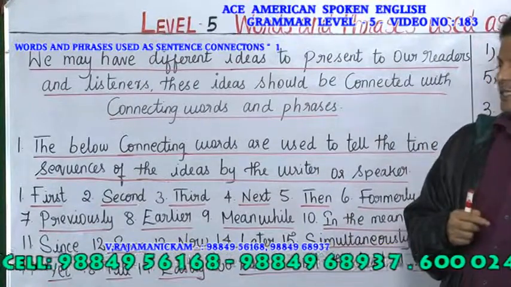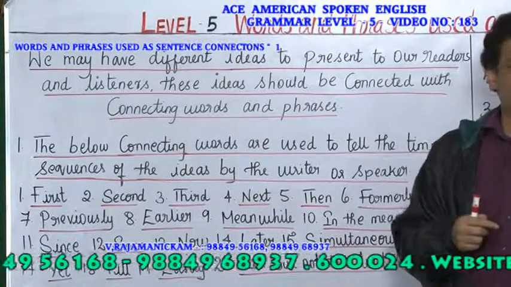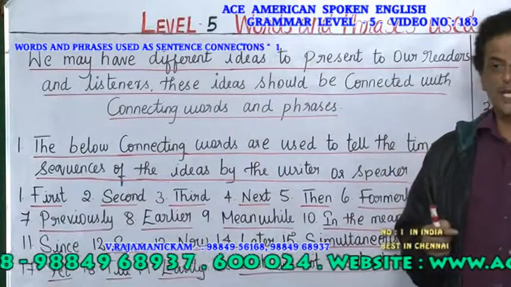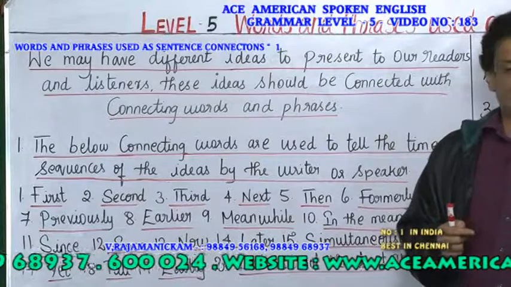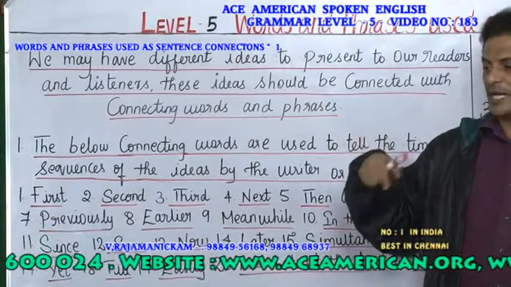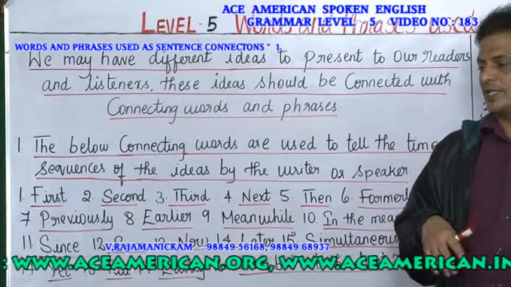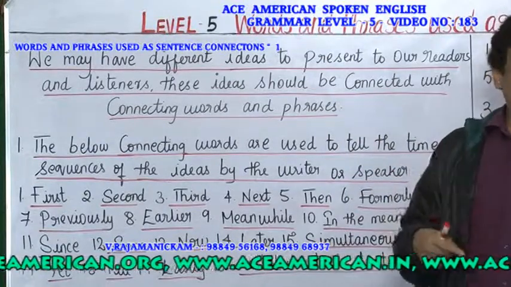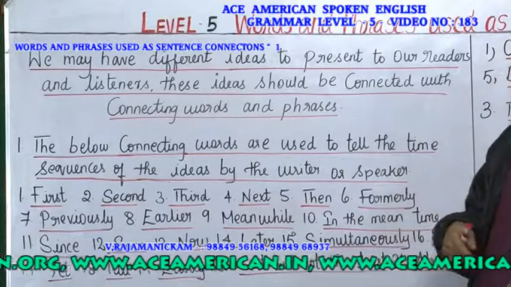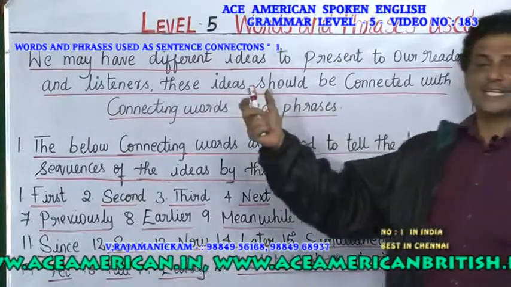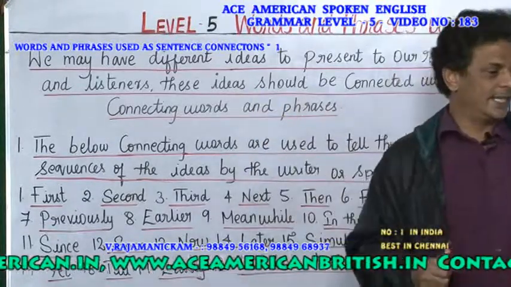So I have to get a passport, and I have to arrange financial things. Then I have to ask my brothers and sisters, father and mother, everybody to assemble together. So you want to present various ideas to the listeners, and there you are using connecting words and phrases.